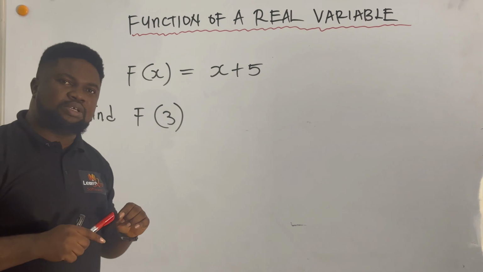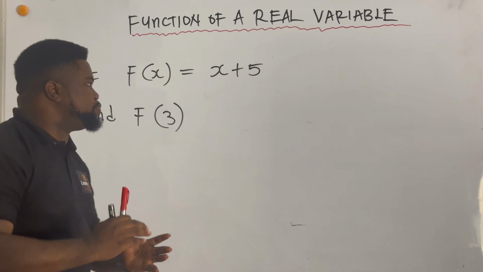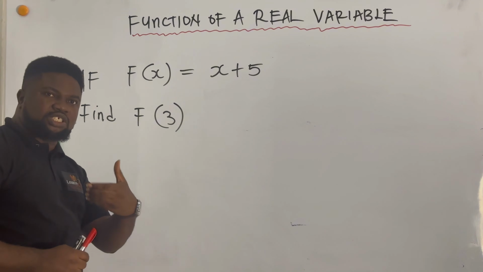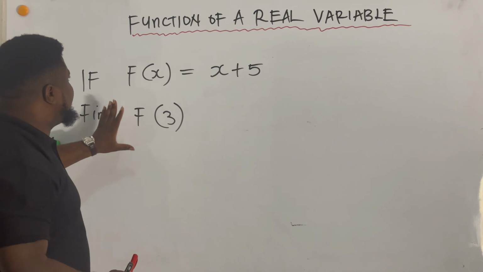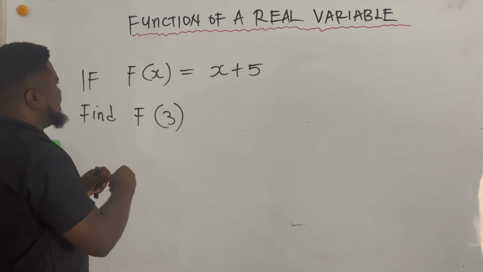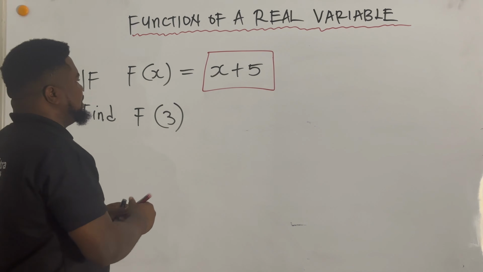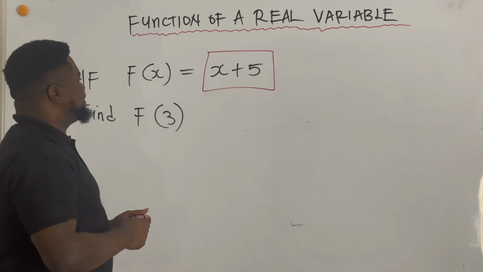And also, there was a box. Now, we don't always use a box to show functions. Most function questions you will see will appear like this. Here now, the rule is anything that enters as x, add 5.